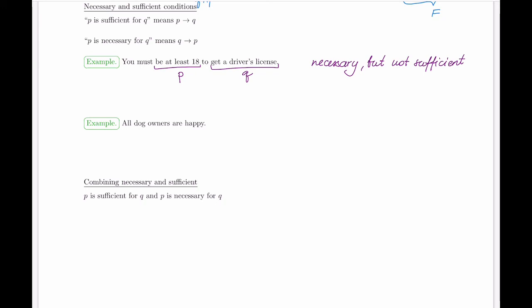Now, if we're talking about the necessary condition, we are talking about the form Q implies P. So in our case, that means if you have a license, you are at least 18. And once again, just because you are 18 does not guarantee that you actually have a driver's license. So the conditional in the other direction will certainly not be correct.